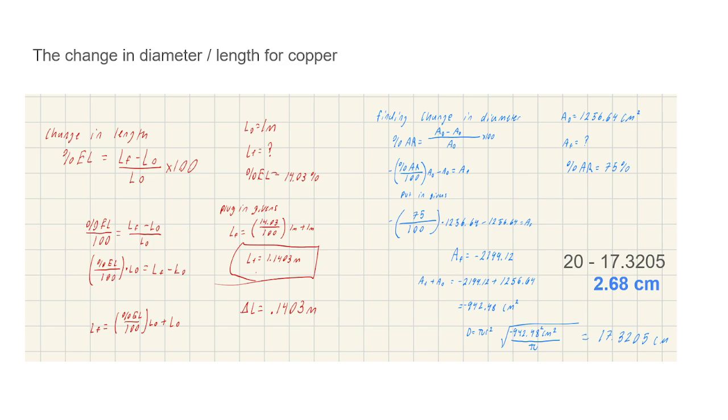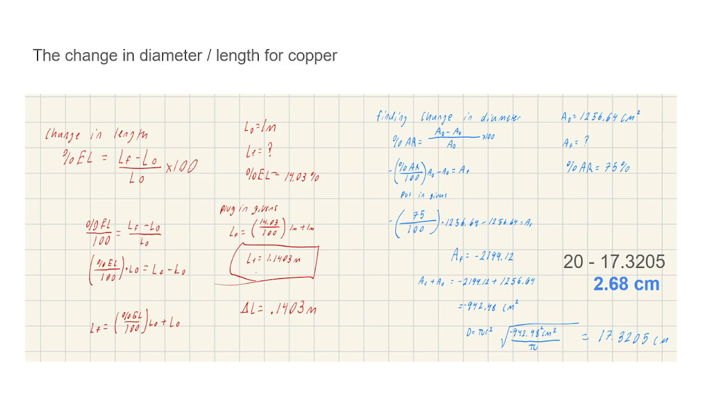And then finding the diameter, we were given the radius, so we use the pi r squared formula to get the original area. We don't know our final area, but we know our area reduction of 75%. So we rearrange the formula to get what the final area equals, plug in our given values, and we get 942 centimeters squared for original area.